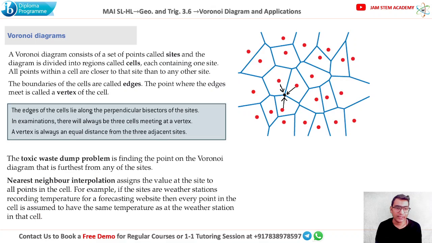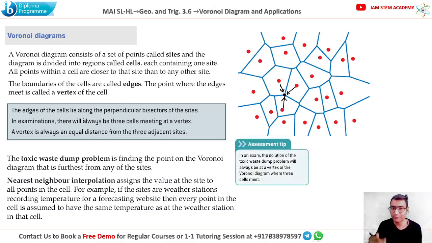After that, we will discuss toxic waste dump problems and nearest neighbor interpolation. And remember, in your IBDP exam, generally the solution will lie on a vertex of the Voronoi diagram. We will discuss a few real life based problems on this as well.